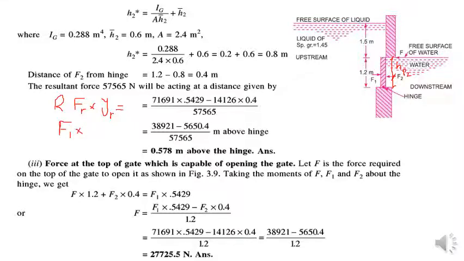So it will be F1 into Y1 plus or minus, whatever the case is, clockwise or anti-clockwise, depending upon that, F2 into Y2. So in this way you can use this equation. The moment produced by the resultant will be equal to the individual moments produced by its components.